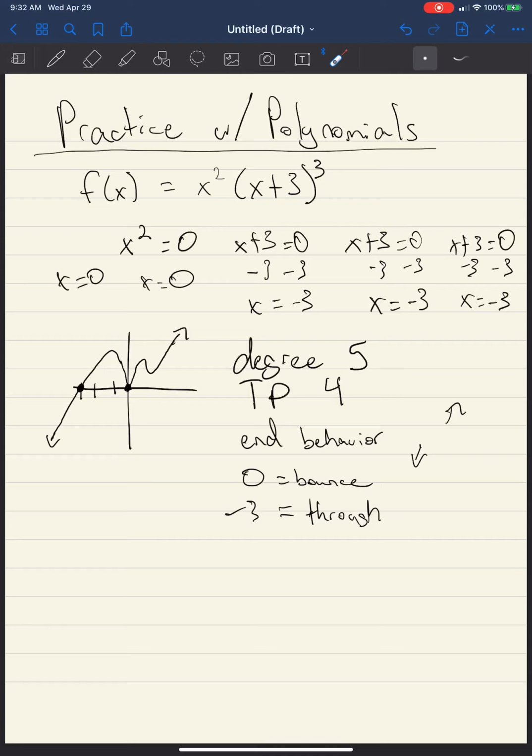If we really wanted to, we could make a table and plug in specific numbers to find more precise values. But like I said, this is just a sketch, just to get an idea. I want to make sure we know how to find the behaviors at the x-intercepts, and practice with the degree and the number of turning points.